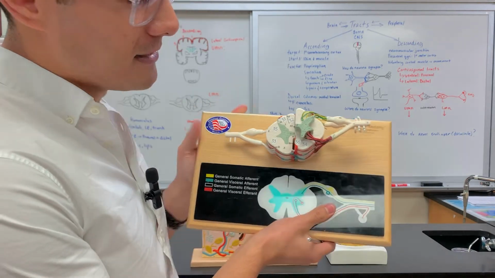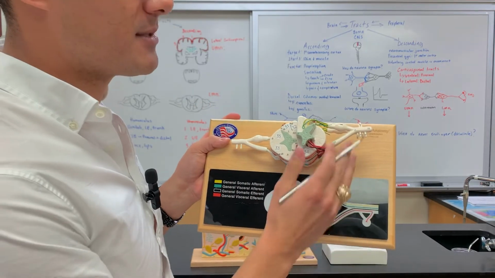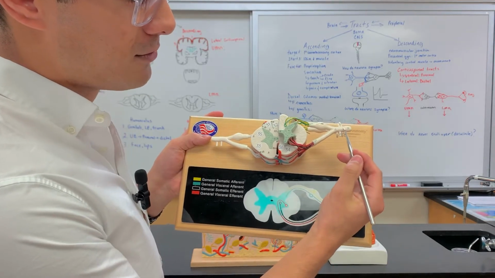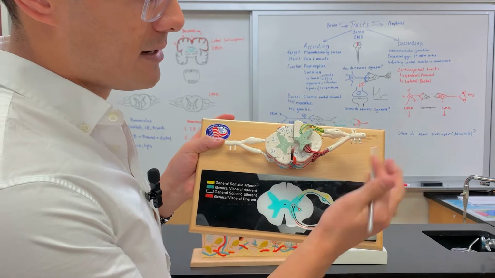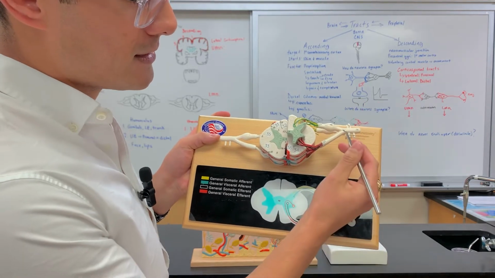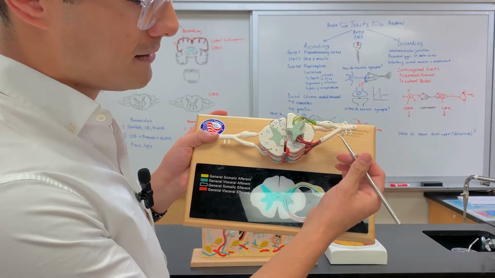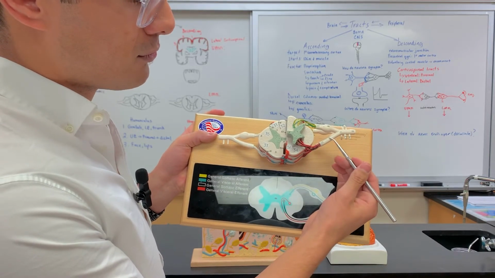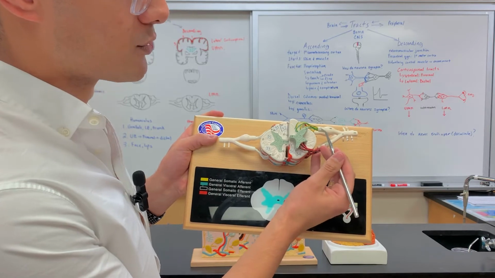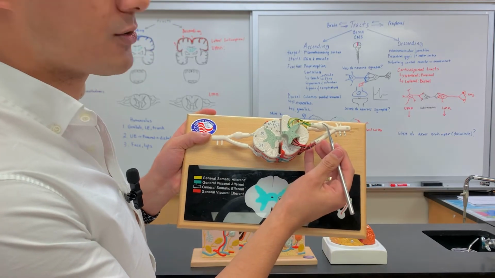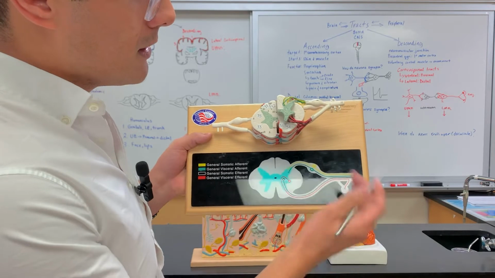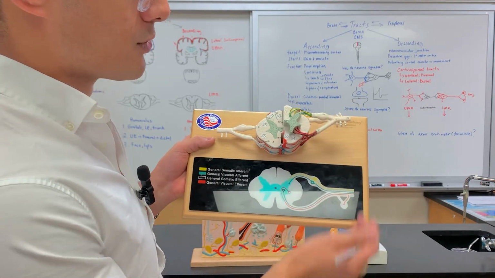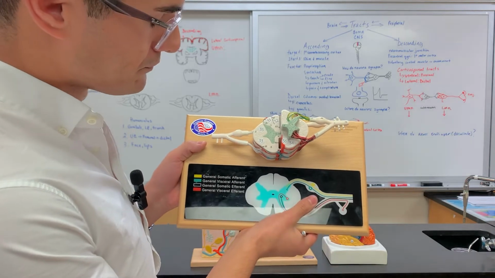Now we're going to use some of the specific terms to describe this. This is the ventral rami, this is the dorsal rami coming off the back side, this is the spinal nerve, and then this is the ventral root, and this is the dorsal root. This is the DRG, the dorsal root ganglion. This is the ventral rootlets, and these are the dorsal rootlets.